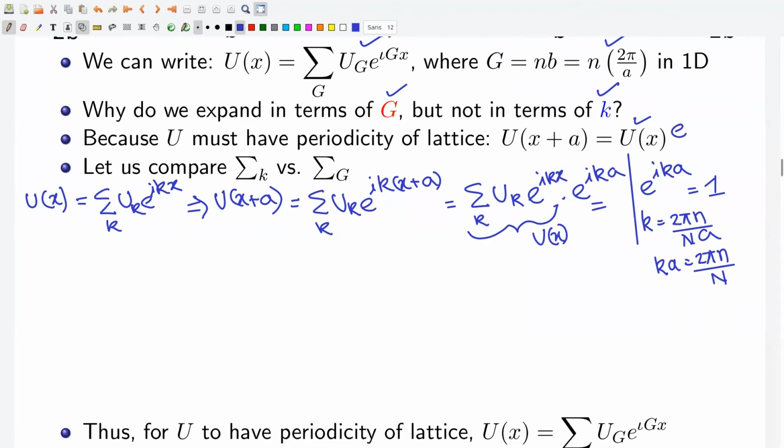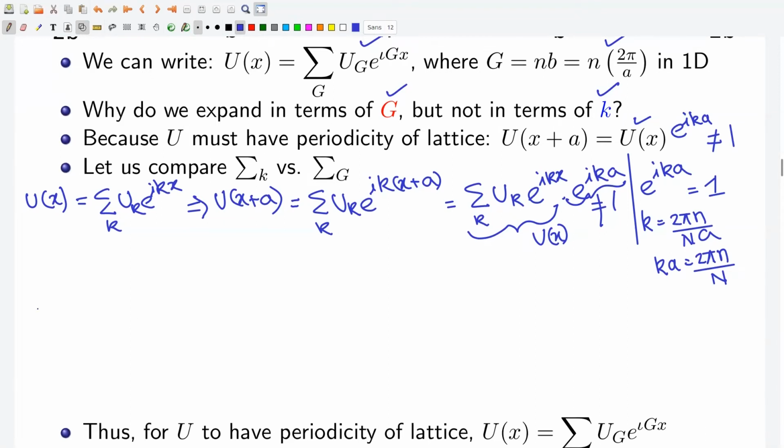So, e power i k a is not equal to 1. In that case, we cannot say that u of x plus a is equal to u of x. Thus, if we expand u using the k points, the potential does not have the periodicity of the direct lattice.